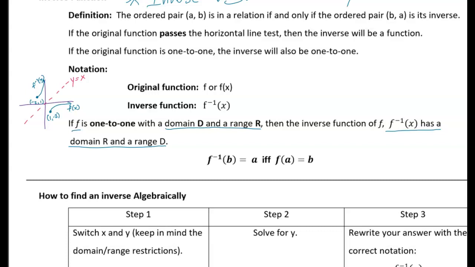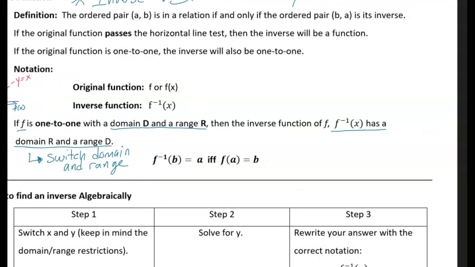If we switch all of the x's, which is the domain, with all of the y's, which is the range, this means that the literal domain and ranges switch. So we're just switching the domain and range for the inverse.